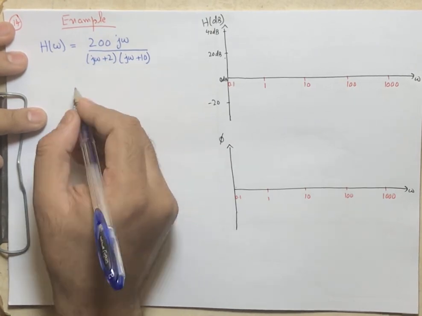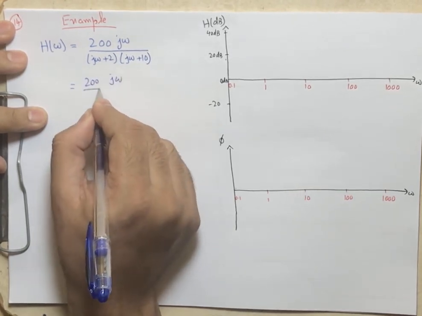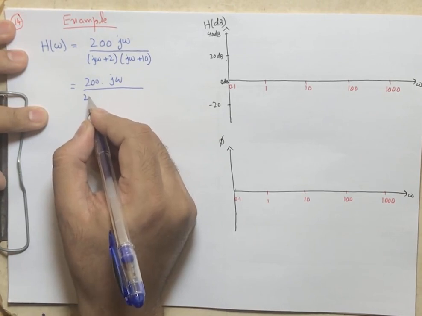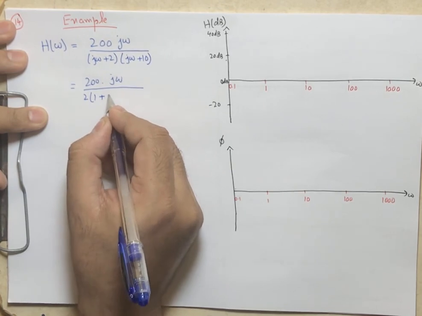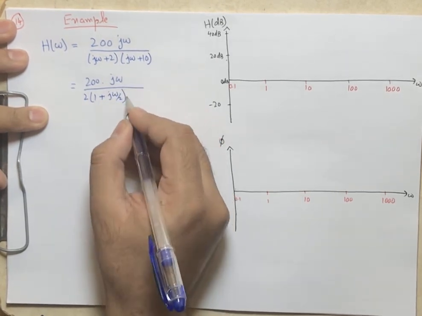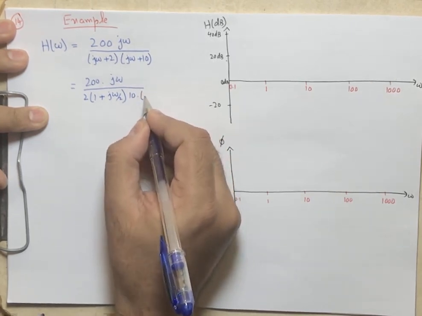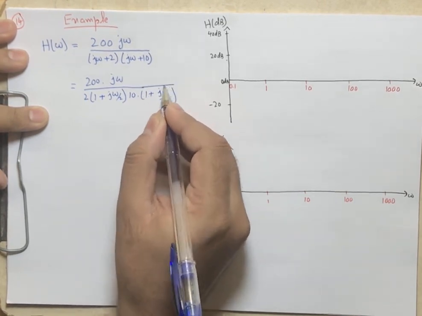In order to convert it into a standard form, I can take 2 out from this term, so I have 1 plus j omega by 2, and I can take 10 out of here, so I have 1 plus j omega by 10.